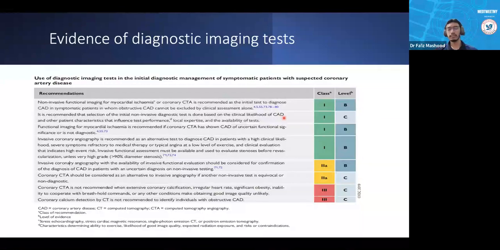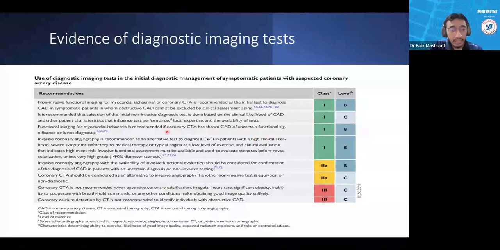We are actually talking about the PTP score just now. So applying the PTP score, the table just now, to our patient is a class 1 evidence. It's very important to acknowledge the existence of such a score. And then functional imaging for myocardial ischemia, for example cardiac MRI, nuclear perfusion, and DSE, is recommended as class 1 evidence if CTCA is uncertain.